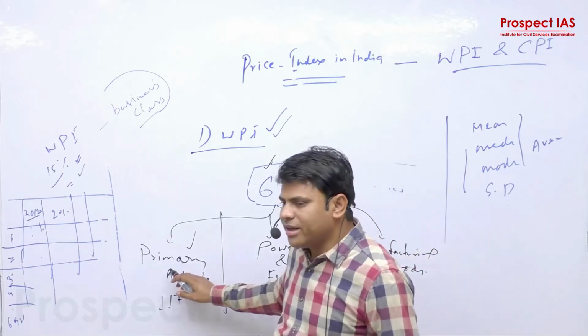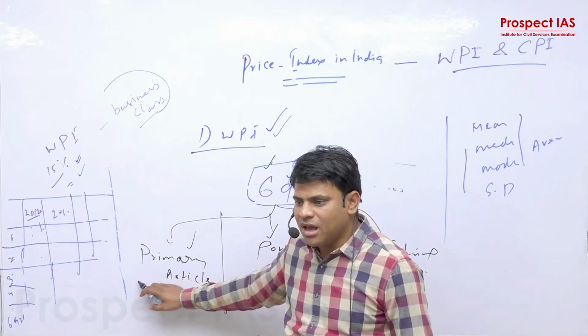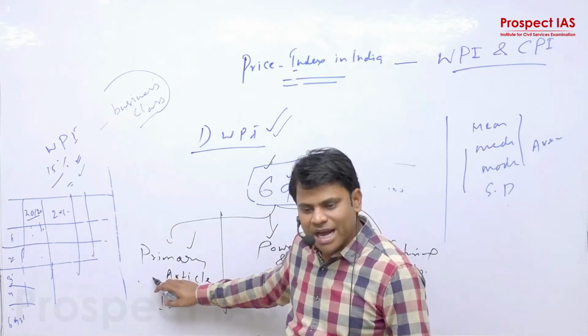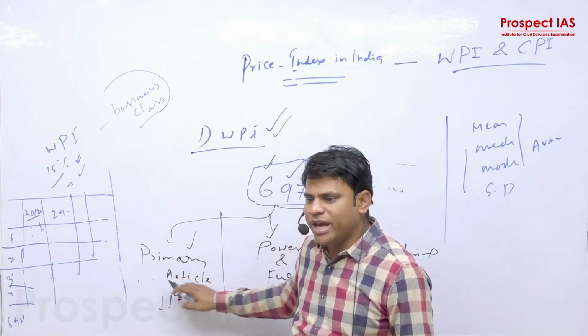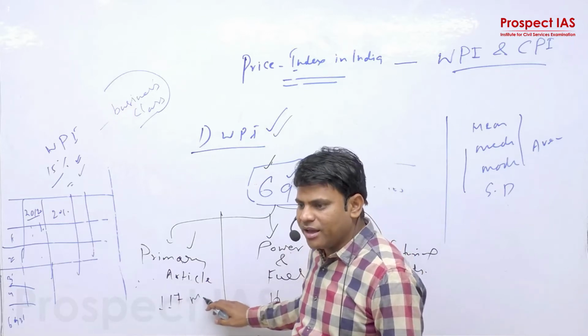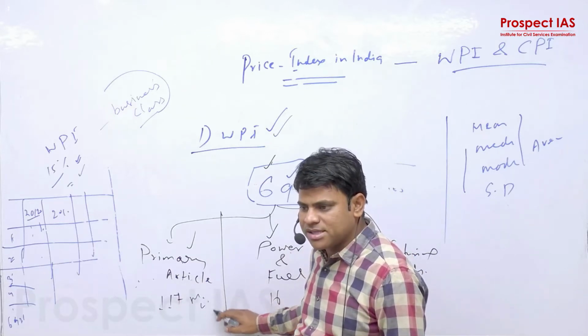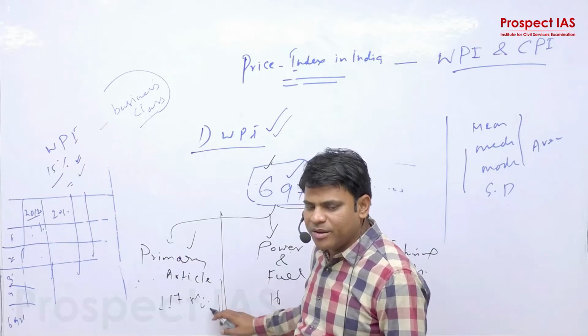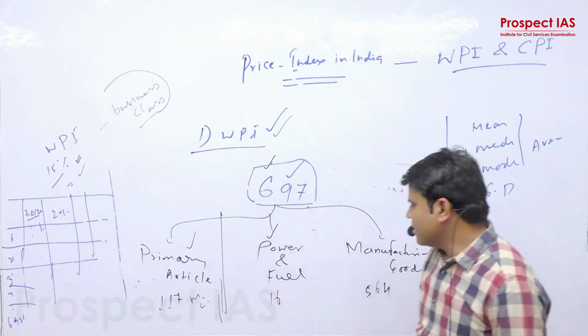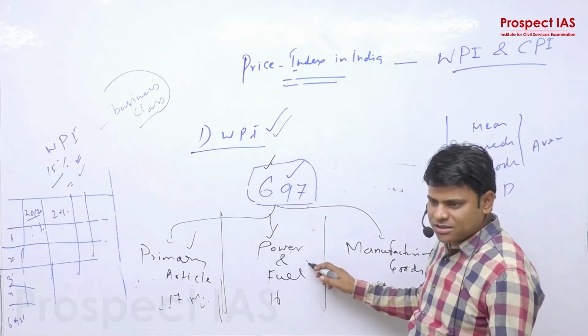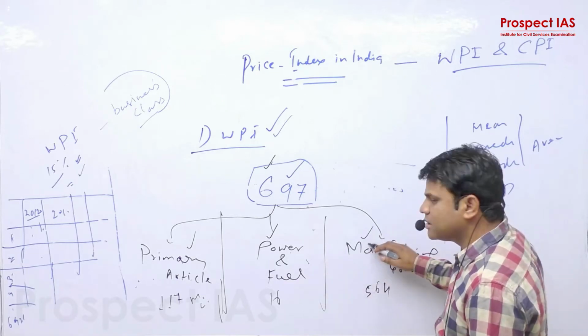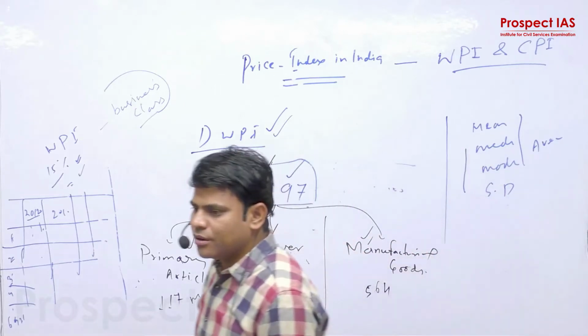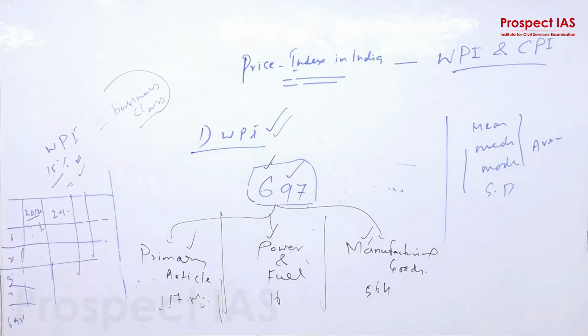So in these primary articles we have some food grains, we have some commercial crops, agricultural commercial crops, and we have some minerals, right? Like coal, nickel, all these things. They are minerals, they are being procured from nature. And in the category of power and fuel, that's quite clear, right? Manufacturing goods are those goods which are being produced in plants or factories, right?